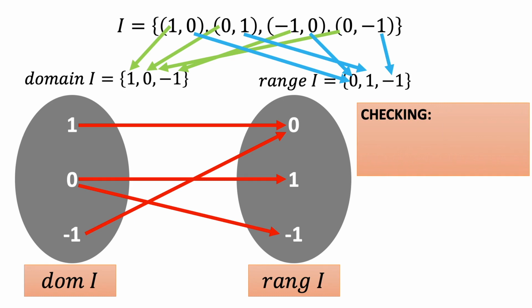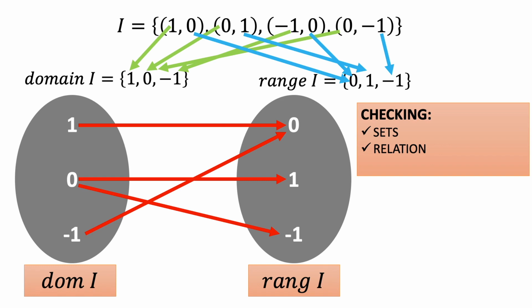Since we made sure that each element was unique in both domain and range, it satisfied the first condition. It also satisfied the second condition because elements of domain I and range I are subsets of set I. Now, it looks like the third condition is not met.